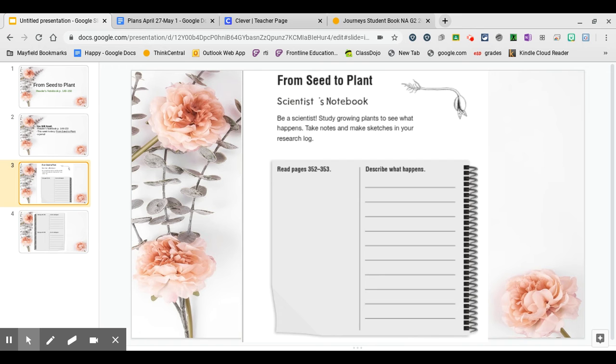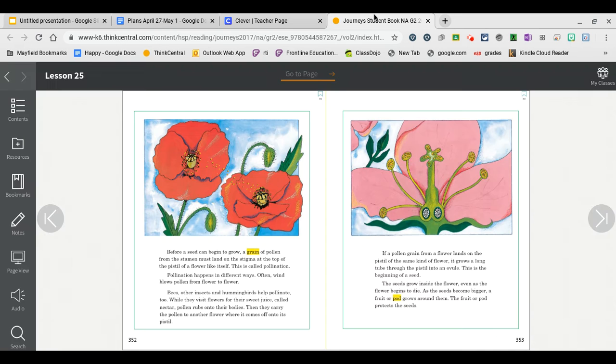The first set of directions is read pages 352 to 353. So let's take a look at our book. Follow along with me. Before a seed can begin to grow, a grain of pollen from the stamen must land on the stigma at the top of the pistil of a flower like itself. This is called pollination.